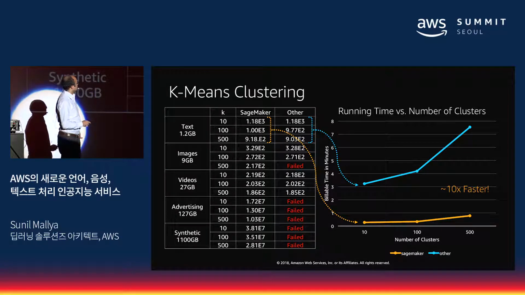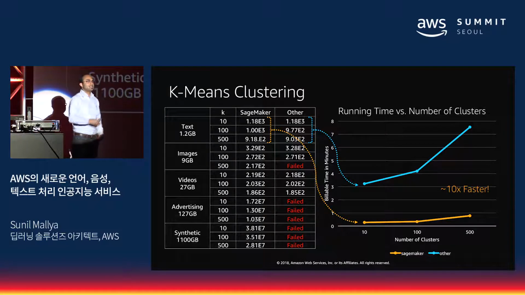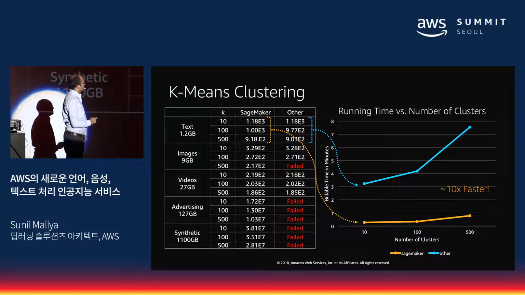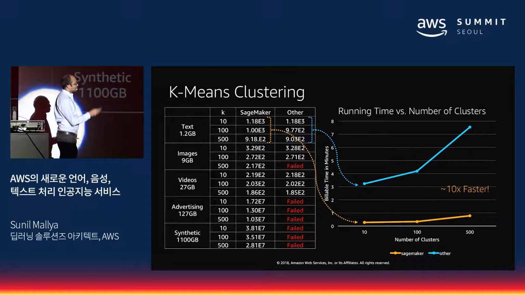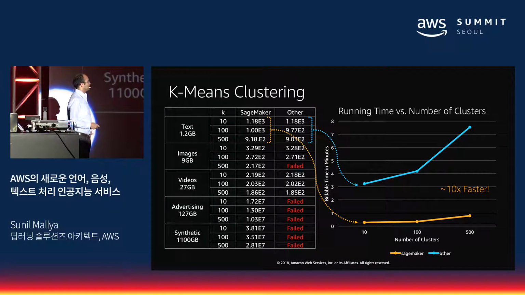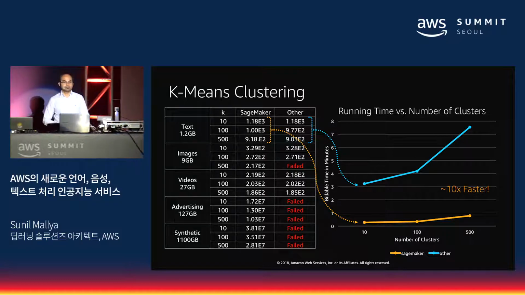Even in this case, where we have examples that go from 1 gigabyte to 1 terabyte, in this 1 gigabyte example, as we increase the number of clusters, the algorithm is almost 10x faster than a regular implementation or previous stock algorithms. And also, as some of the algorithms fail to train on large data sets, that's not the case in SageMaker.